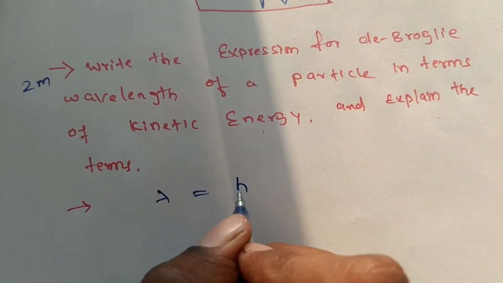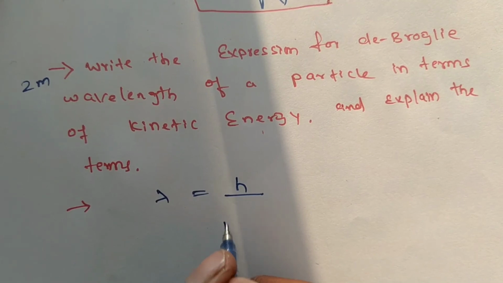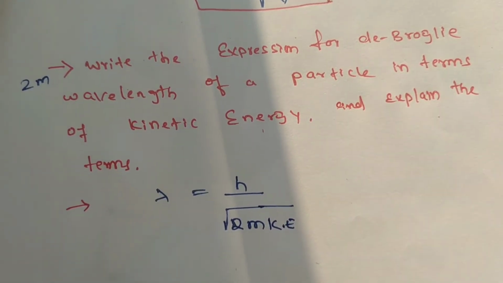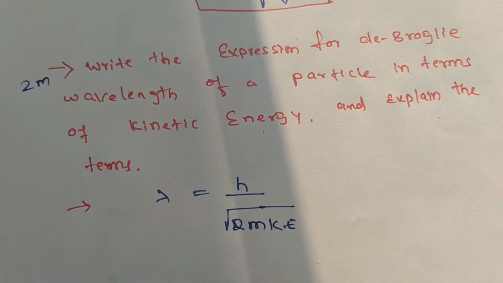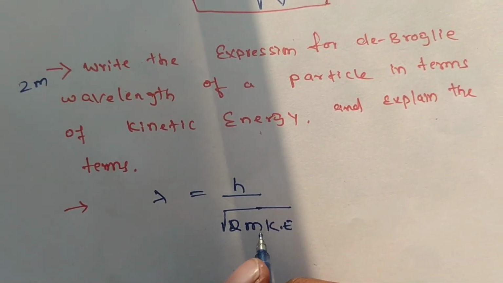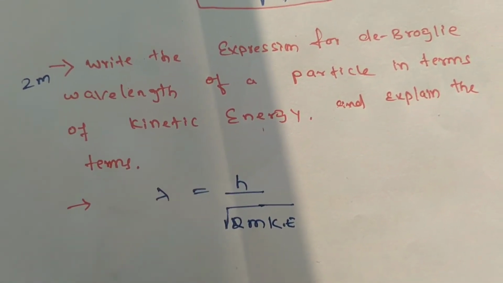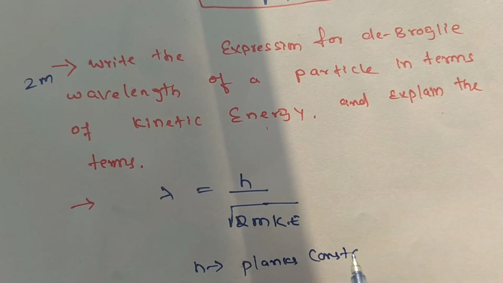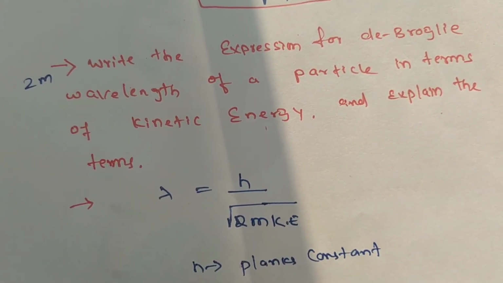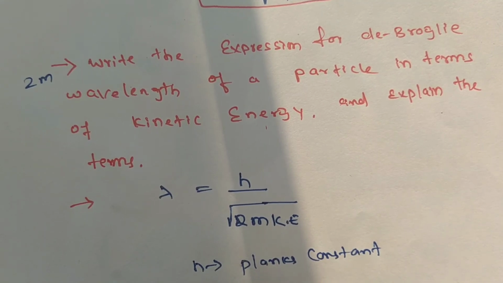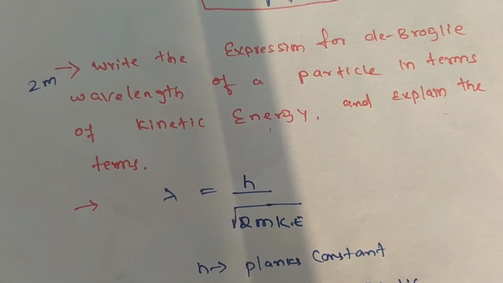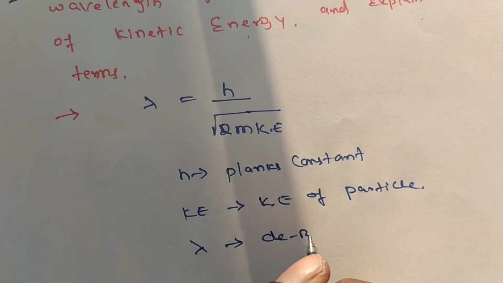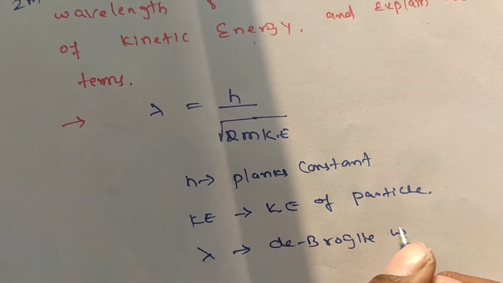Lambda is equal to h divided by root of 2m kinetic energy. h we call Planck's constant, kinetic energy is the kinetic energy of the particle, and lambda we call the deBroglie wavelength.